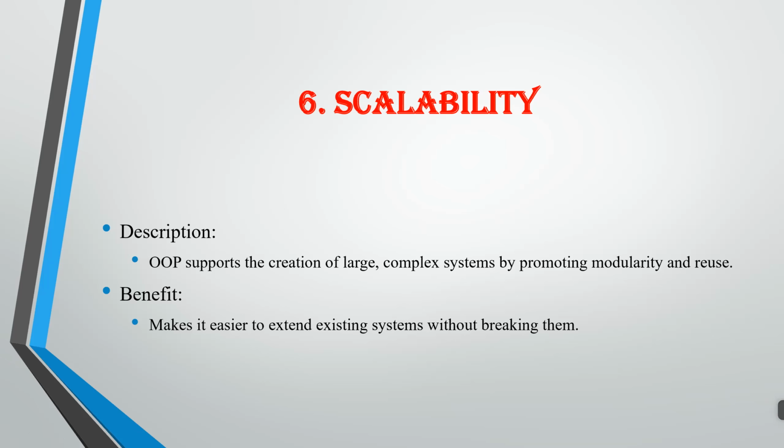Coming to scalability. OOP supports the creation of large complex systems by promoting modularity and reuse. Because of these facilities, OOP supports large creation of complex systems. That's why today, every industry uses Java.